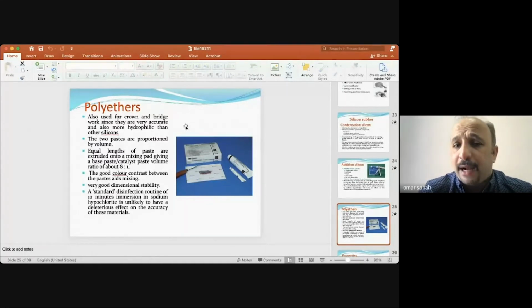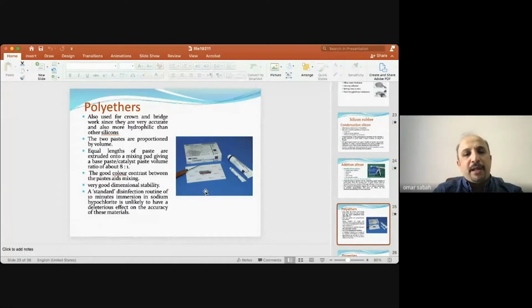The two pastes are proportioned by volume. If you see it in part 2, you can see you have two sizes. Almost always the catalyst comes in the small tube and the big tube has the base paste. Equal lengths of paste are extruded on the mixing pad, giving a paste to catalyst volume ratio of about 8 to 1.